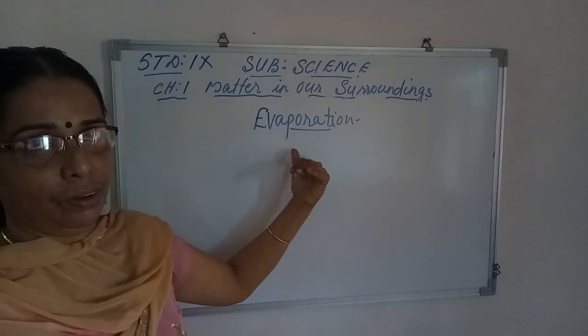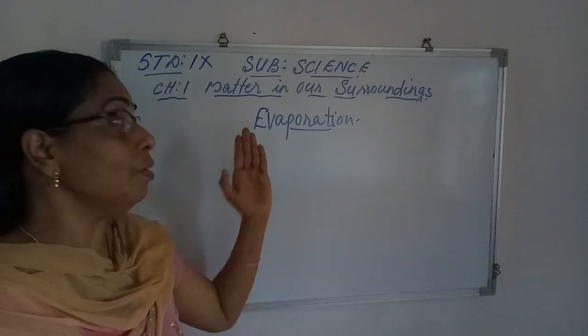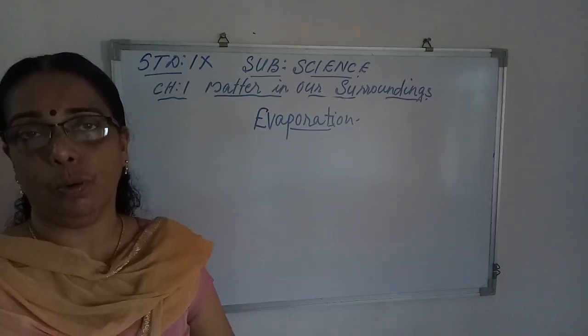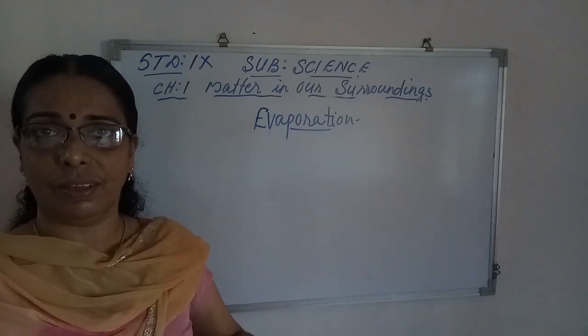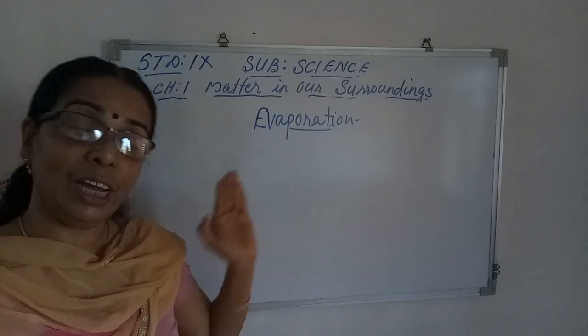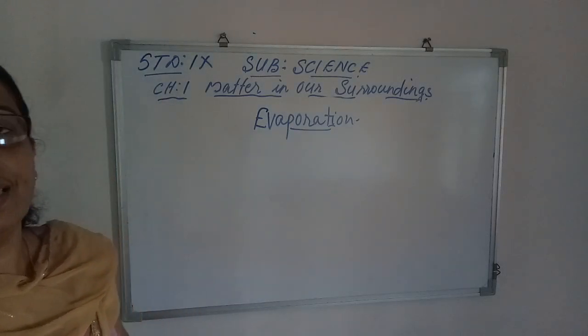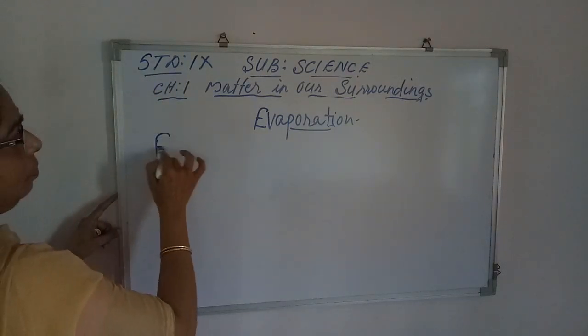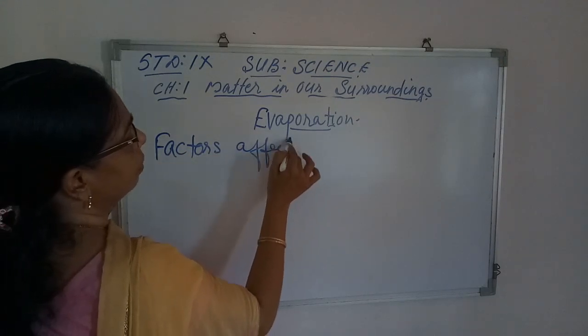Boiling is a bulk phenomenon, but evaporation is a surface phenomenon. And boiling is a fast process, but evaporation is very slow. But we can see which are the factors affecting evaporation.